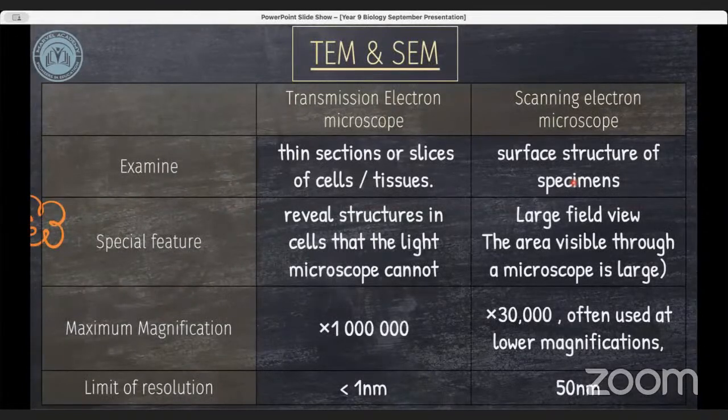This comparison will help us understand the difference between the transmission electron microscope and the scanning electron microscope. Yes, go through it, everyone.